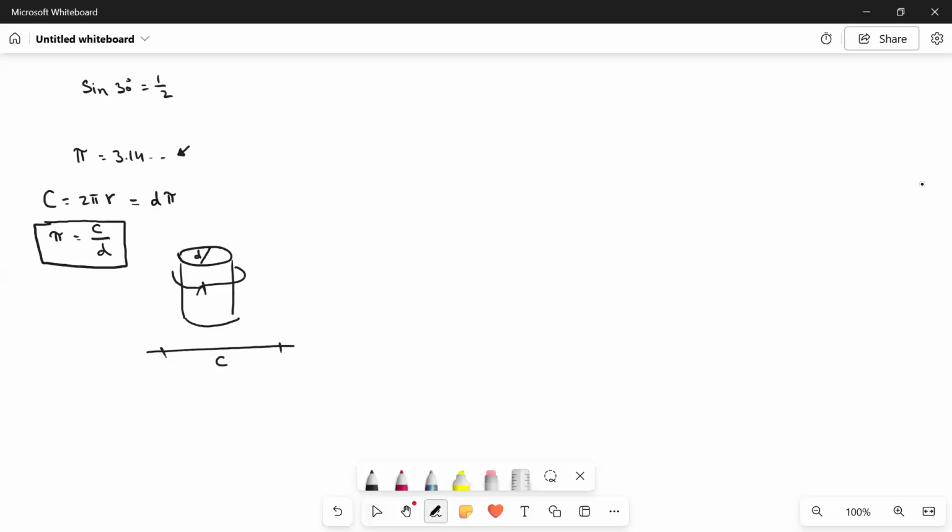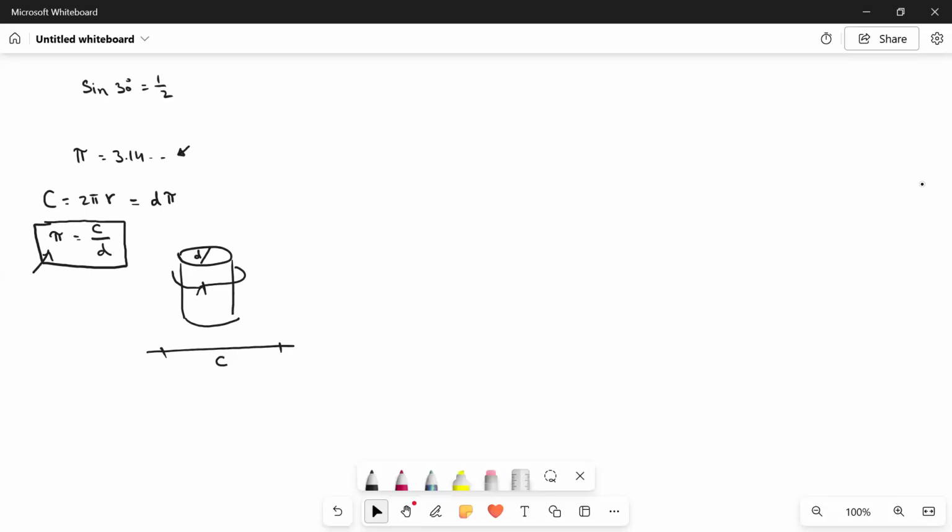If you know any diameter, you just multiply it with 3.14 and you get the circumference. Or if you know the circumference, you just divide it by 3.14 and you get the diameter. And once you know the diameter, you can find the radius as well. So this value was very helpful, and it is nothing but a ratio. Just keep in mind that this pi is just a ratio.